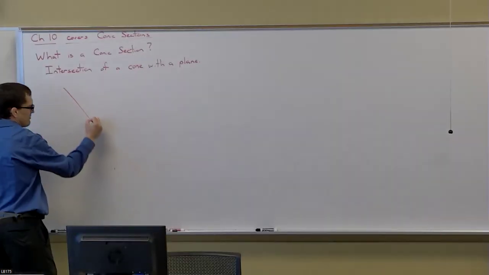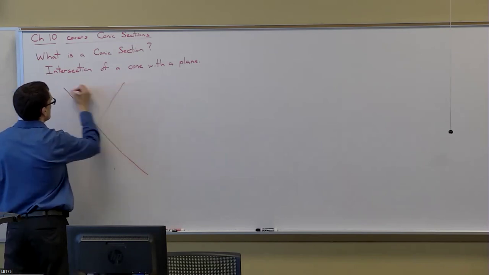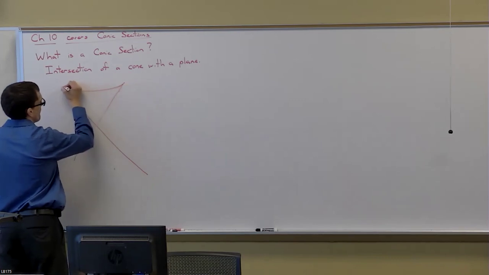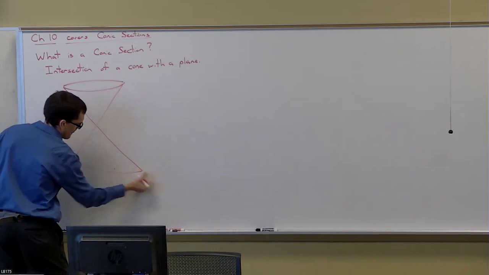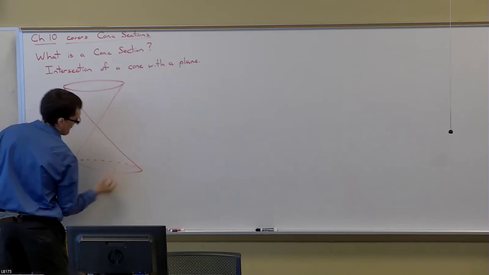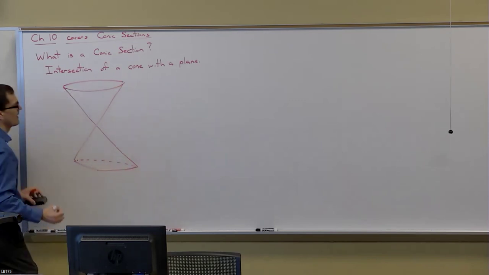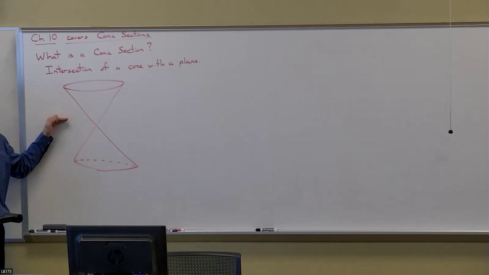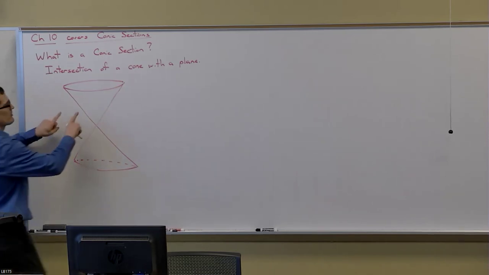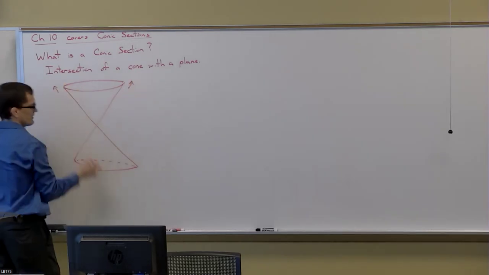But in general mathematics, the cone has to go forever. So draw a big X. When we say a cone, in mathematics we're thinking of this type of cone, going forever up and forever down.